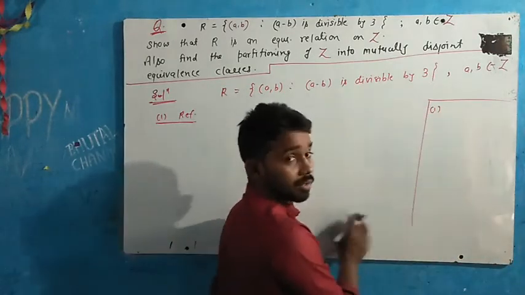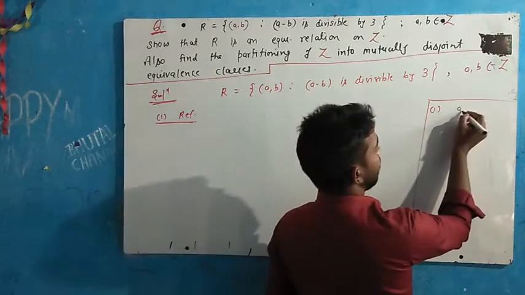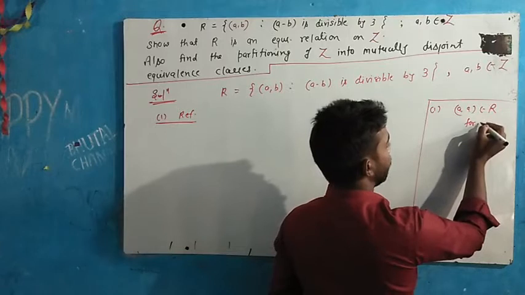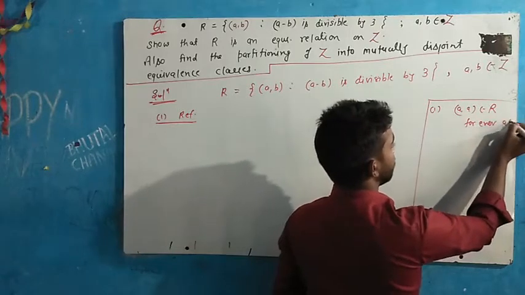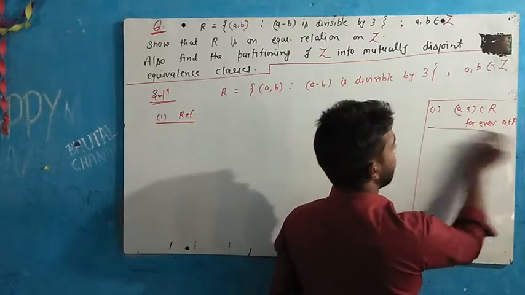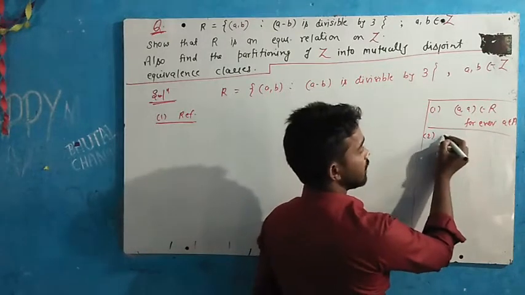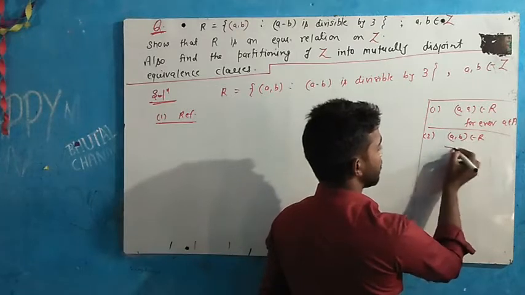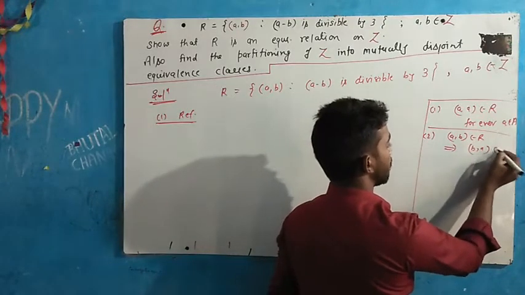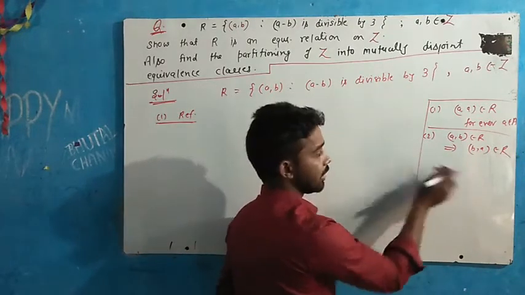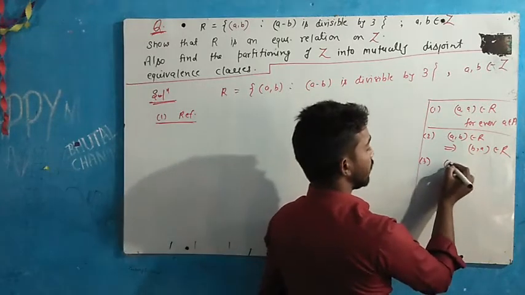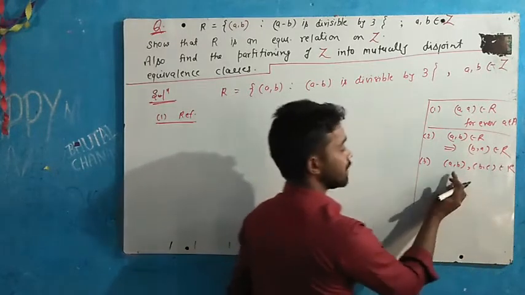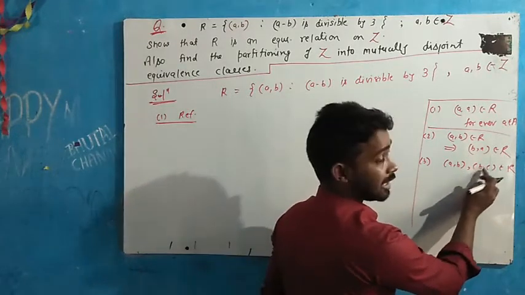First, for reflexive, we will show that (a, a) must belong to R for every a belonging to the set. And second, for symmetry, we will show that if (a, b) belongs to R, this implies that (b, a) should also belong to R. And third, transitive: if (a, b) and (b, c) both belong to R, it means a is related to b and b is related to c.